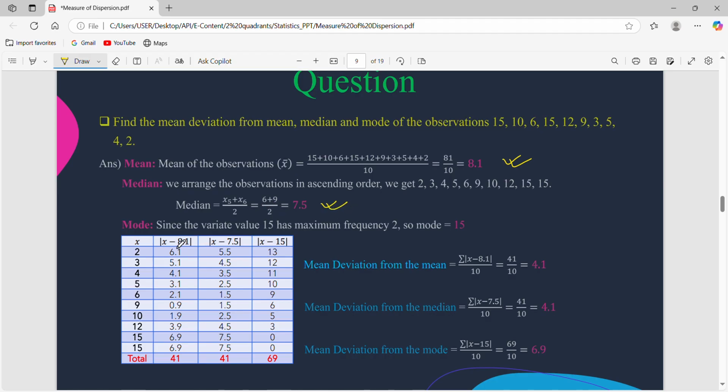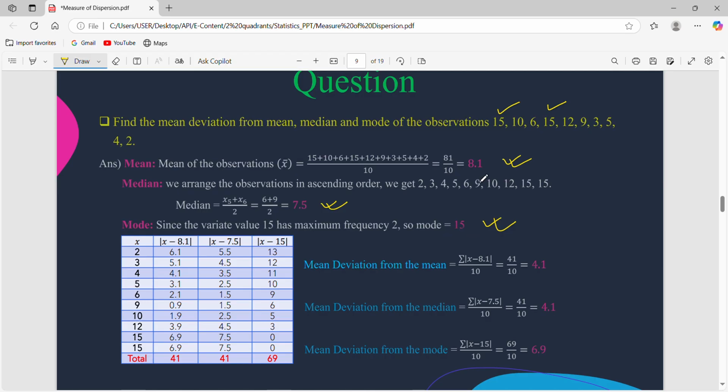For the mode, we first write all the values, arranged like this: 2, 3, 4, 5, and we check how many times each occurs. Just see that only 15 occurs 2 times, otherwise the remaining values occur only once. So 15 has the maximum frequency 2, so mode equals 15.